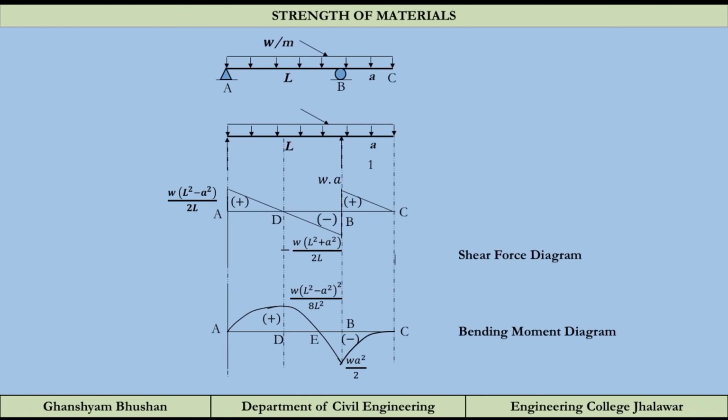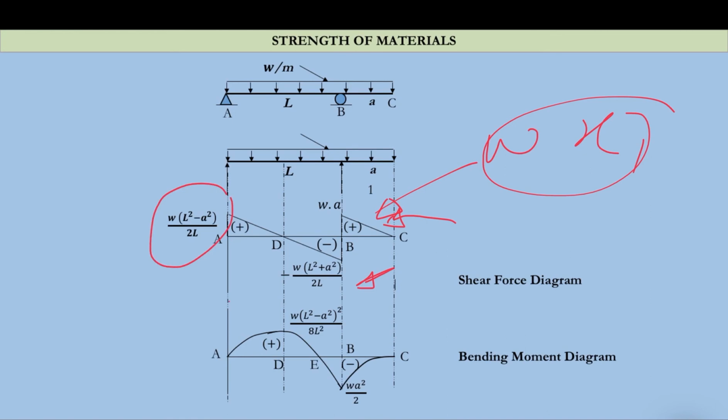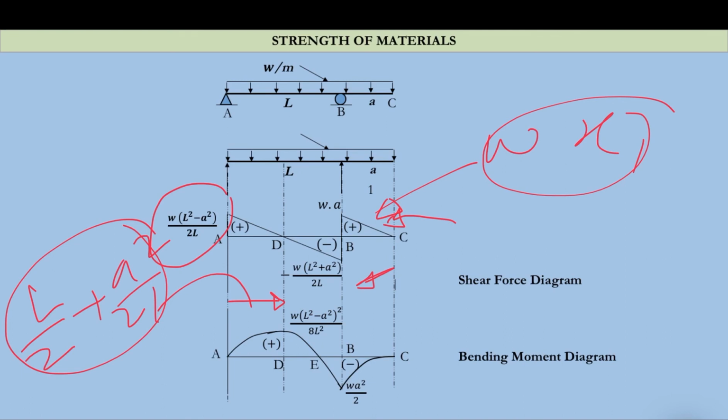So let us now draw the shear force diagram and bending moment diagram. For this section it was linear, W into x1, so this is a first degree curve, and suddenly due to the reaction RB it will become negative, and then again it becomes positive. This was the location L by 2 plus A square by 2L, where the shear force is 0 and the bending moment is maximum. Here you can also see the slope is 0 because the shear force is 0 at point C. These are very small things, but you have to be careful in the exam.